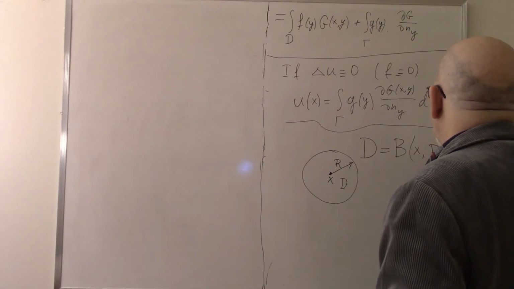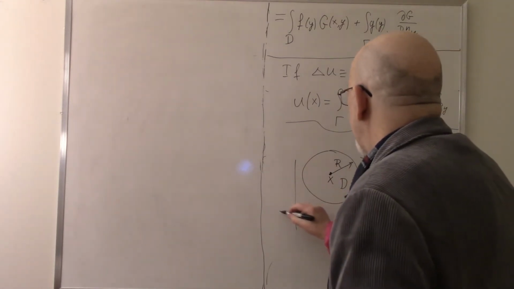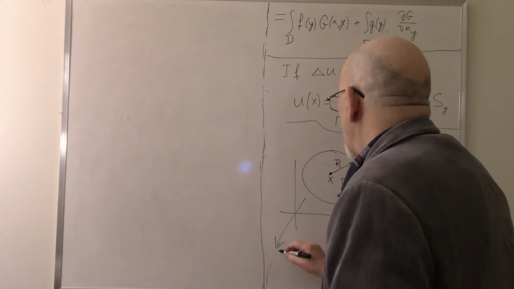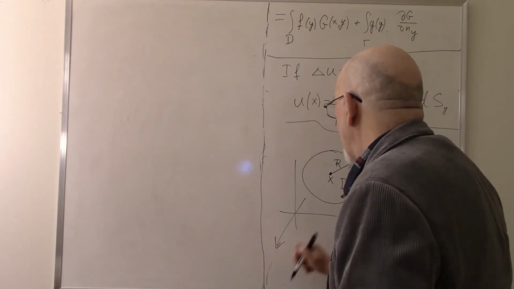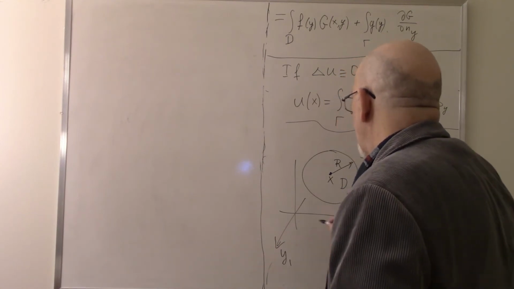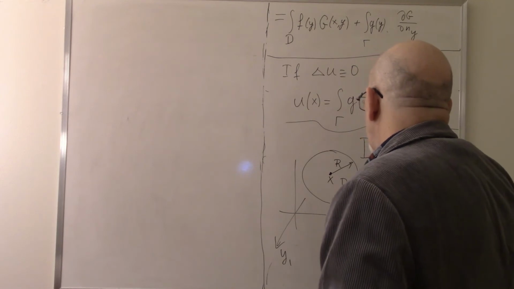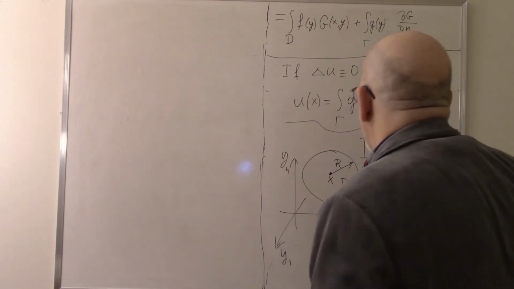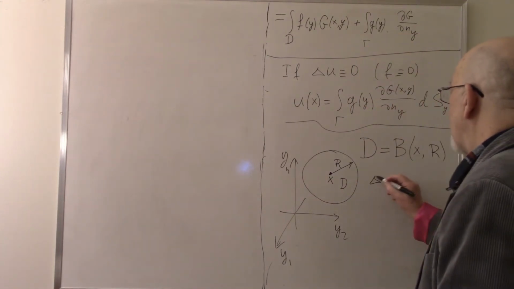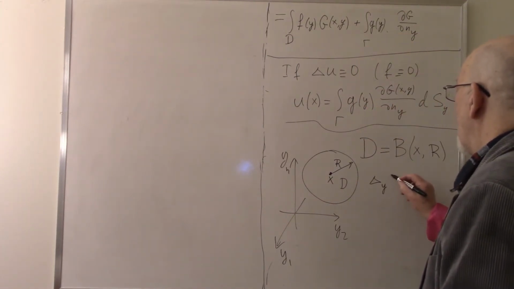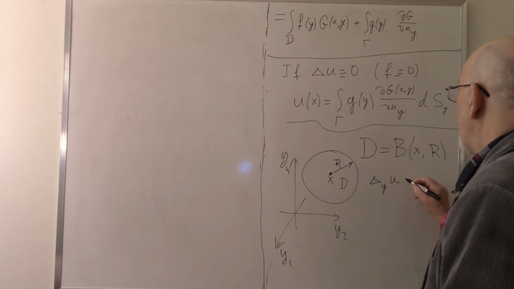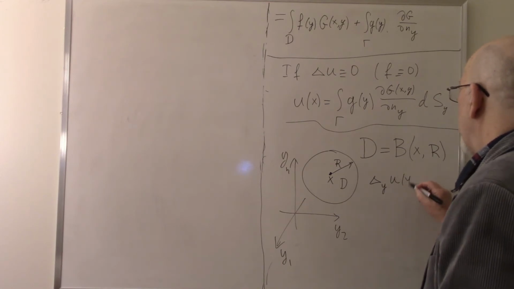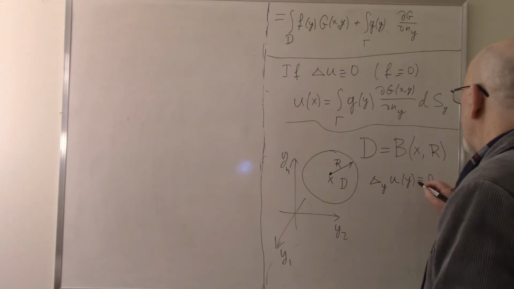And this space has coordinates x, y1, y2, and so on, yn. And delta u of y is 0.